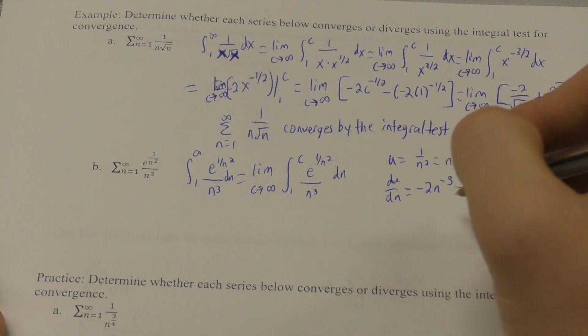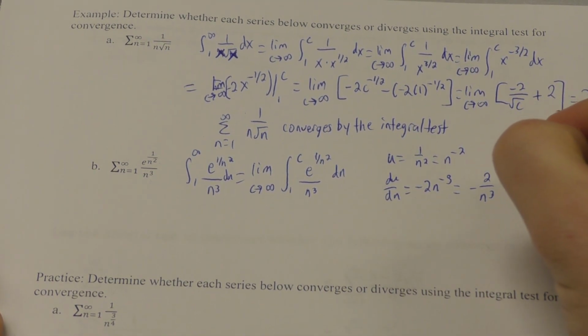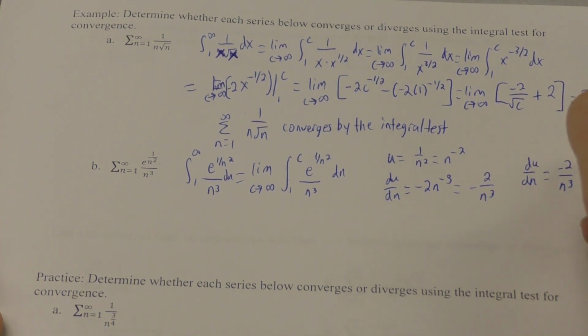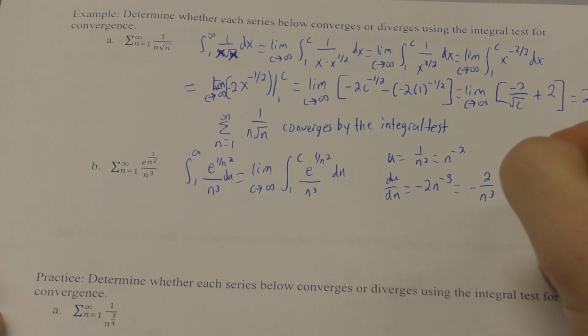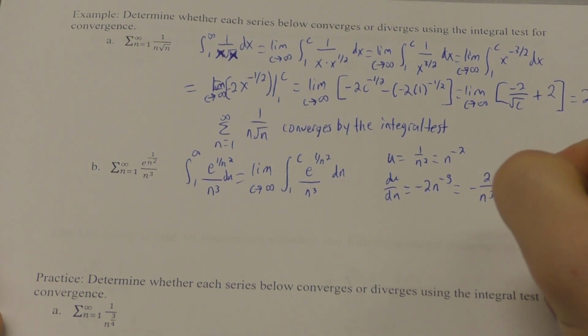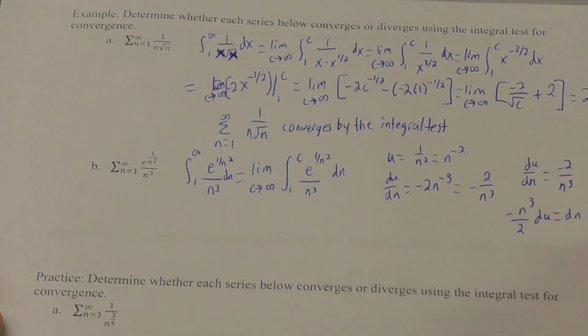So du dn is negative 2 over n cubed. If I multiply by the reciprocal to the other side, I would have negative n cubed over 2 du equals dn when I rearrange that.